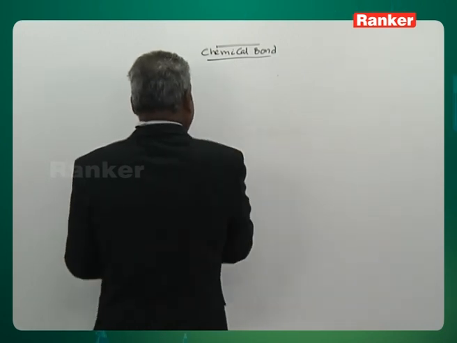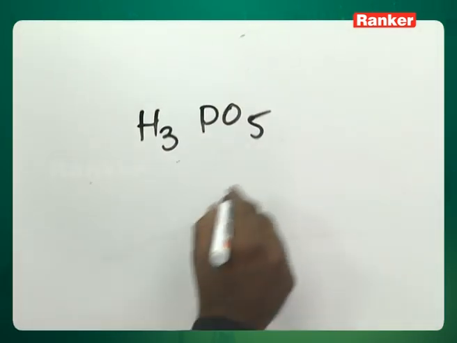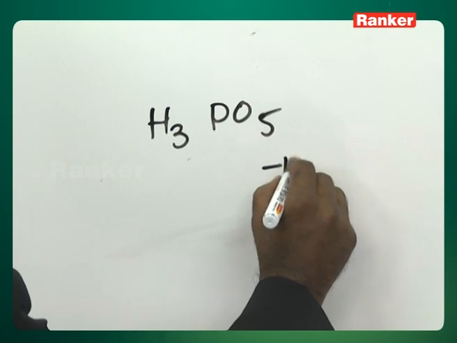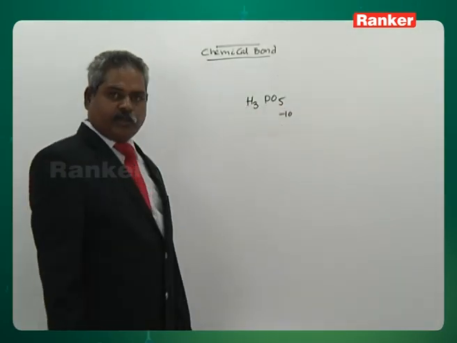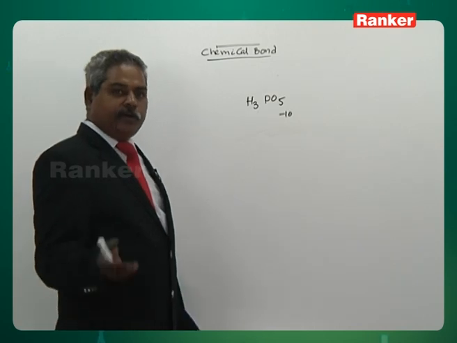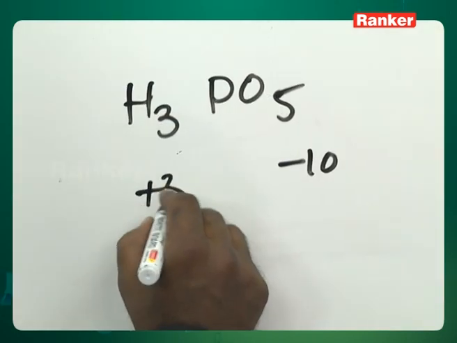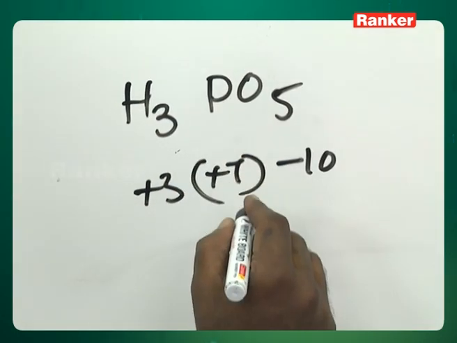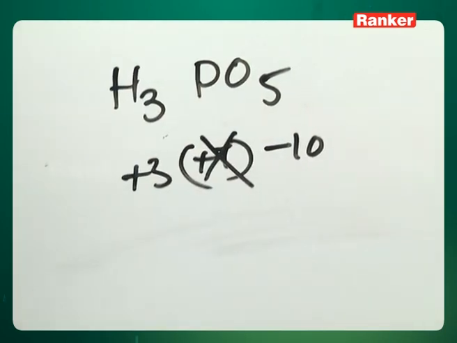What about H3PO5? 5 oxygens, 5 into minus 2. You deliberately give minus 2 to oxygen. If everybody says okay, oxygen remains minus 2. If somebody objects, oxygen becomes minus 1. Minus 10, plus 3, plus 7, and this plus 7 is impossible for phosphorus. Maximum is just plus 5.